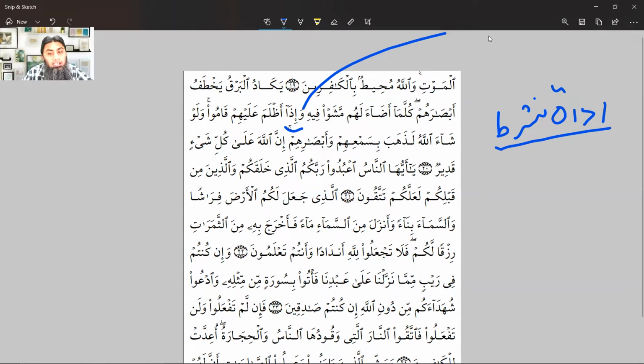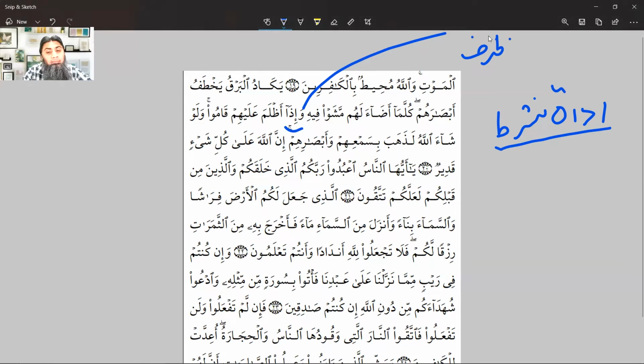Okay. Iza means when, and because it is describing an element of time, brothers, those words which describe an element of time, we call them special mudaf. And if you want to give them the specific name, that is zarf. And zarf is of two types, zaman and makan.